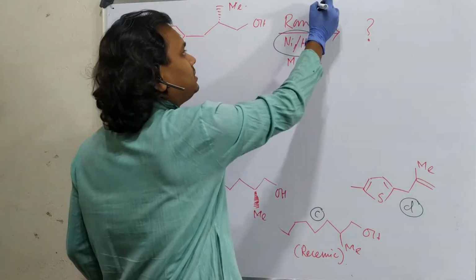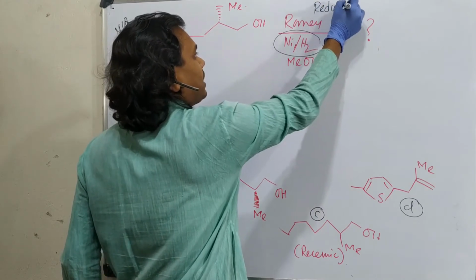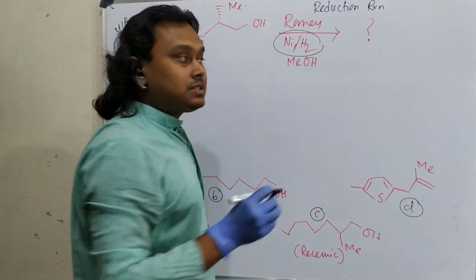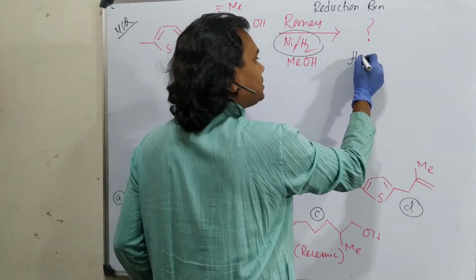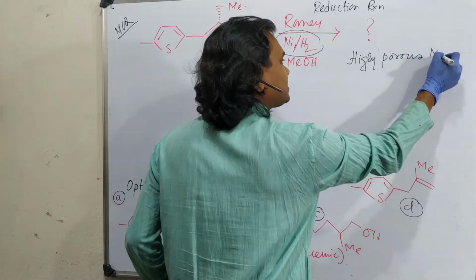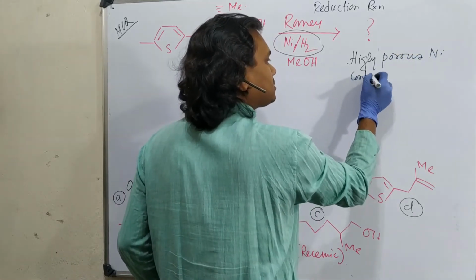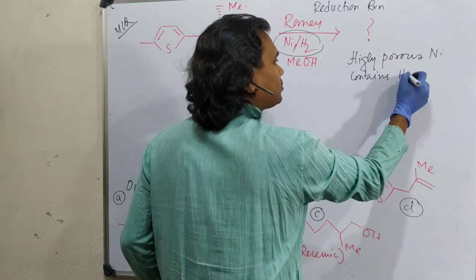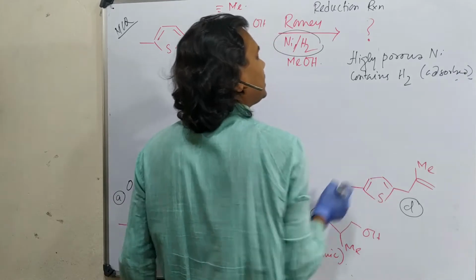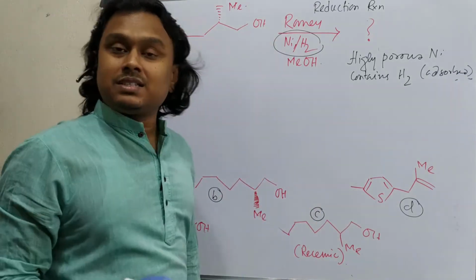So this is nothing but a reduction reaction. By the way, remember this about this reagent: Raney nickel is highly porous nickel, containing hydrogen adsorbed over it. That's why it's acting as a reducing agent.